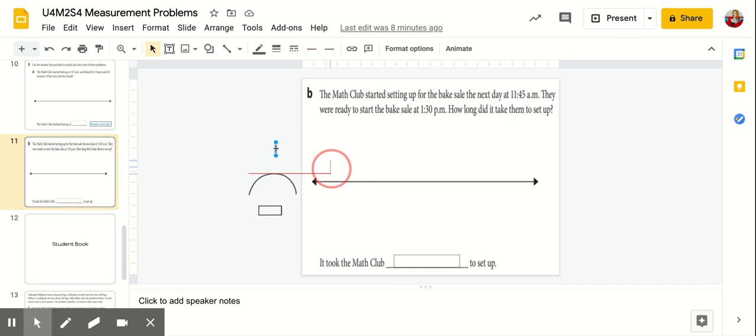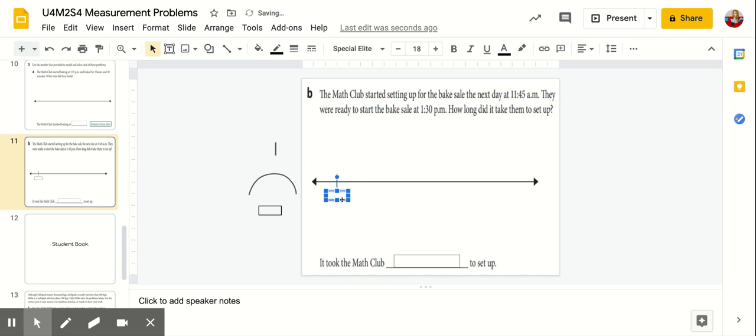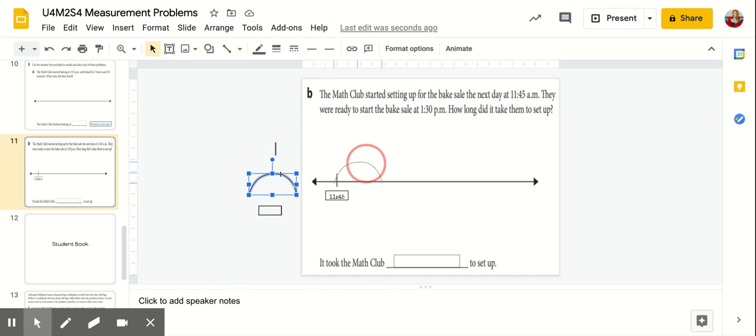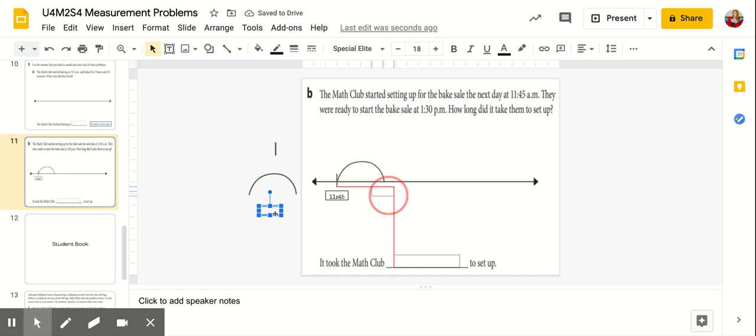Start off by moving this here and saying this is where they started, 11:45. And when you add an hour, what do you land on? 1 hour is 11:45 plus 1 hour is 12:45, right?